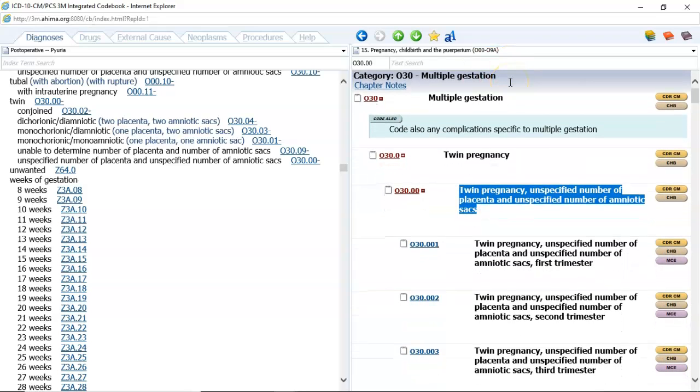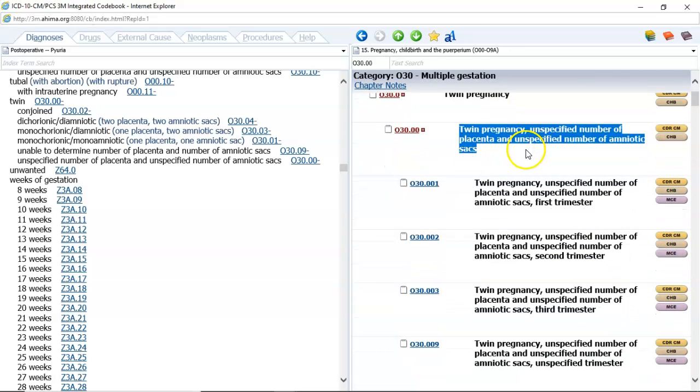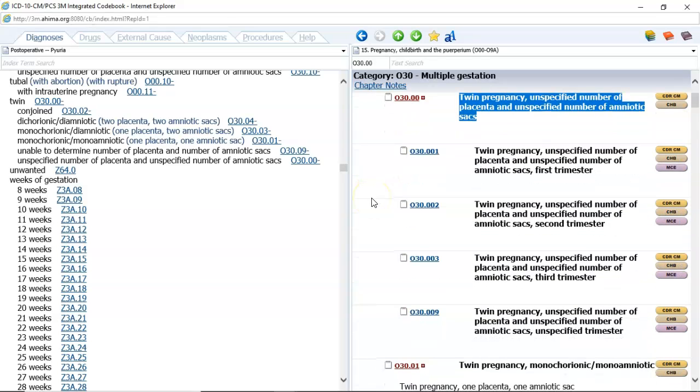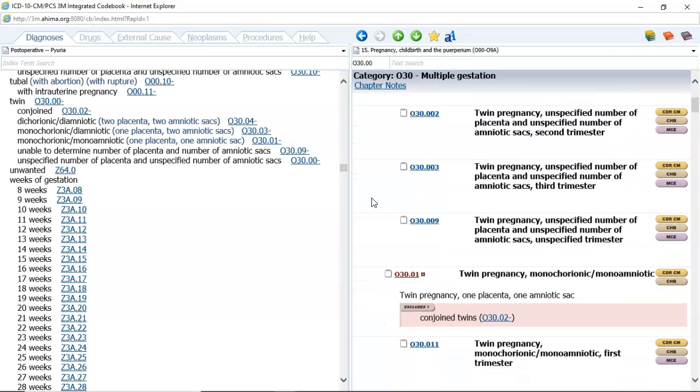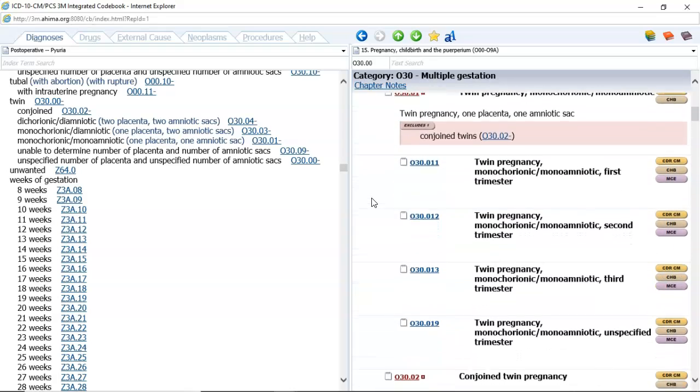You see I have an instructional note, code also any complications. But these codes have information to include the number of placenta and the number of amniotic sacs. When you're looking at these deliveries and these pathology reports, they're going to tell you how many placentas and how many amniotic sacs there are. So you'll be able to appropriately choose those codes.